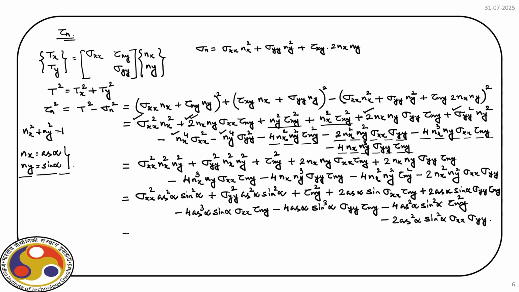Now, again we will further simplify. What we can see is, say, this term, we can take 1/4 common. So, what we will have, sigma xx times sine of 2 alpha whole square divided by 4, right. Similarly, this term we can rewrite 1/4 sigma yy sine of 2 alpha whole square.